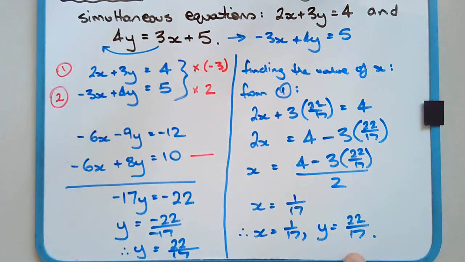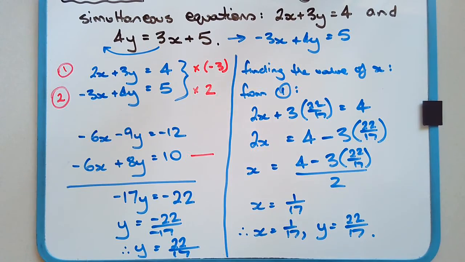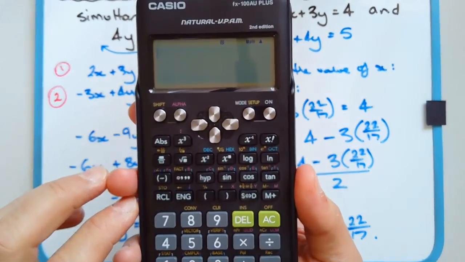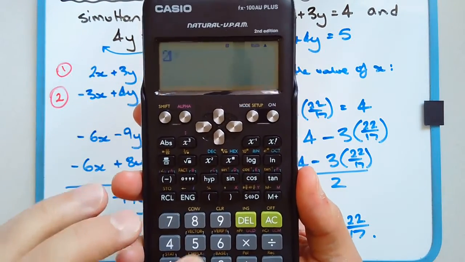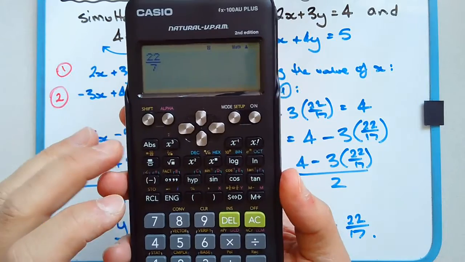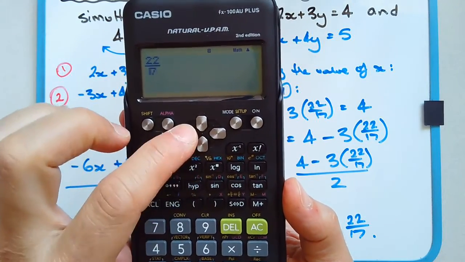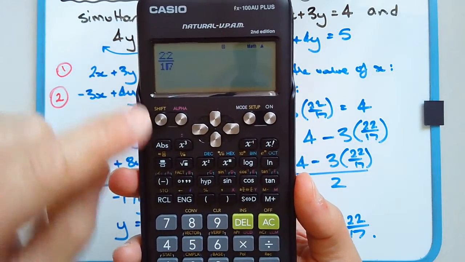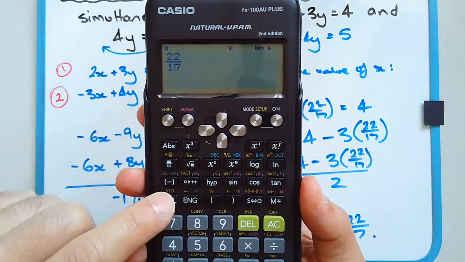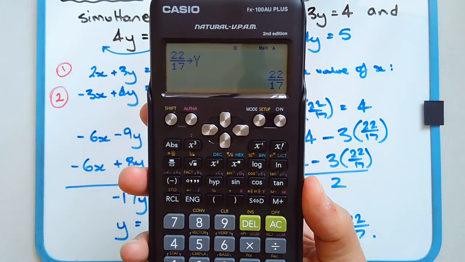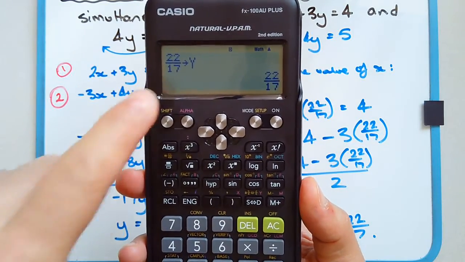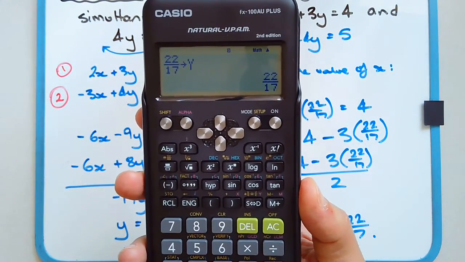Let's now store the value of y in the calculator in the correct pronumeral. So 22 over 17. Shift, store, and then y. You should have this coming up on your screen as well.